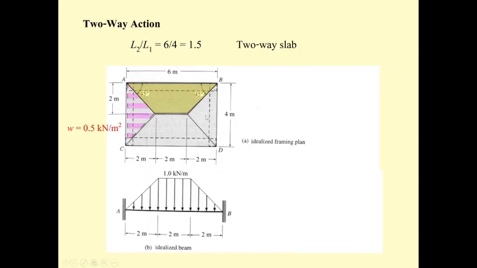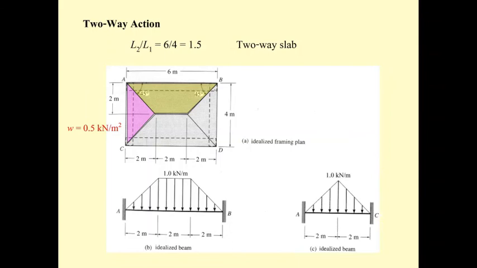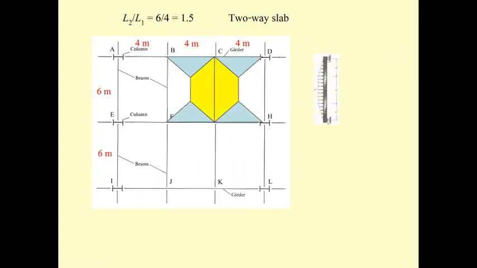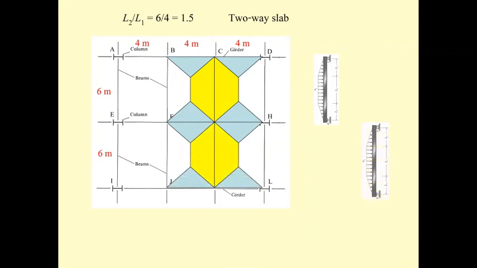The other, the pink one, beam AC, is going to have a triangular shape like this. Since this is 2 meters, 2 meters times 0.5 kilonewton per square meter, you get 1.0 kilonewton per meter. And then you can see that if the shape is like this, the beam is going to have a different shape of loading compared to the one-way slab.